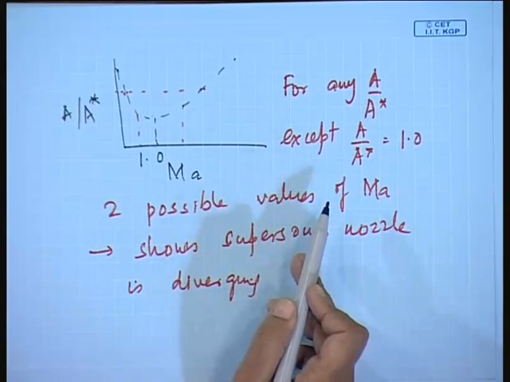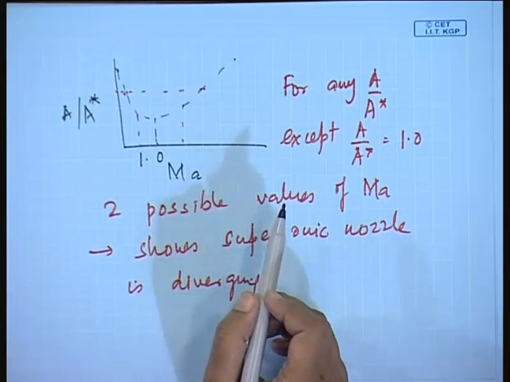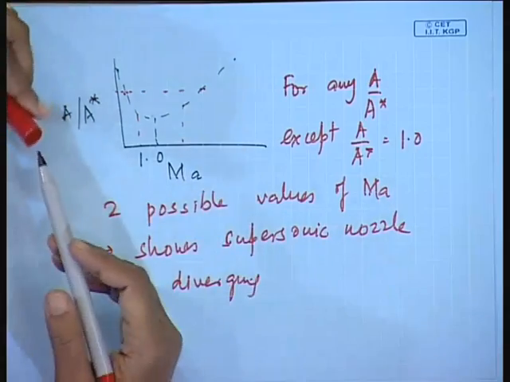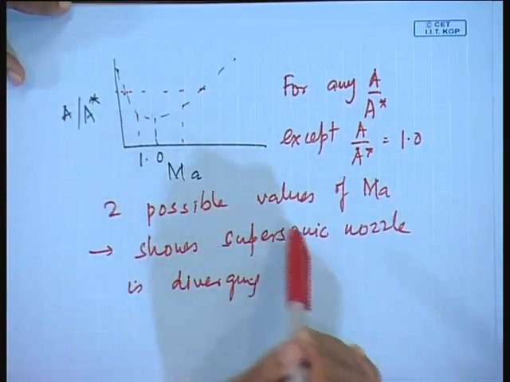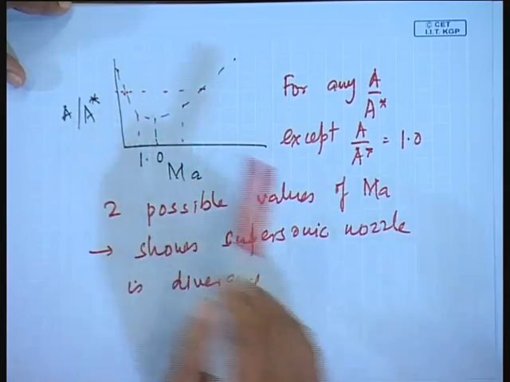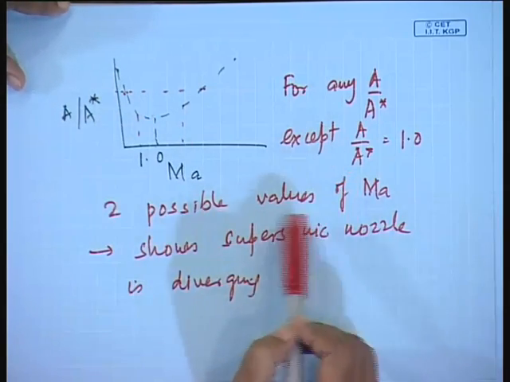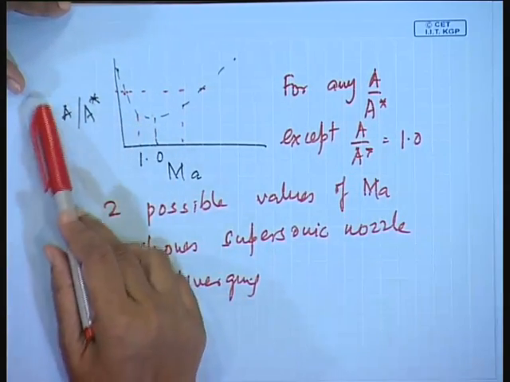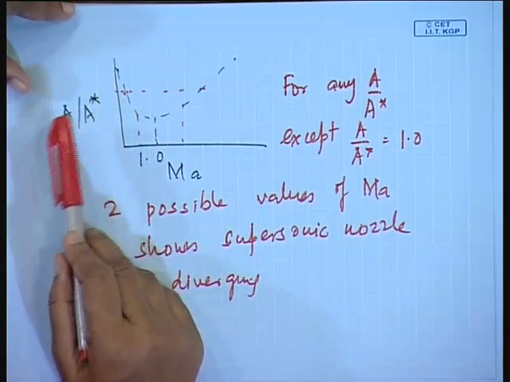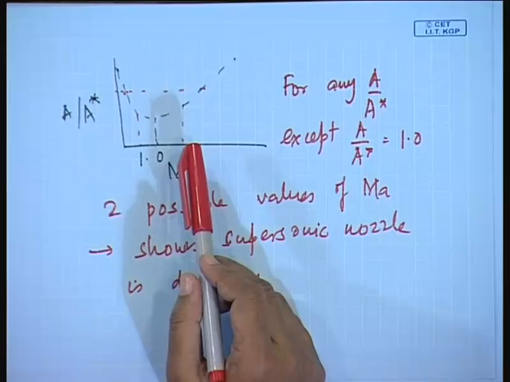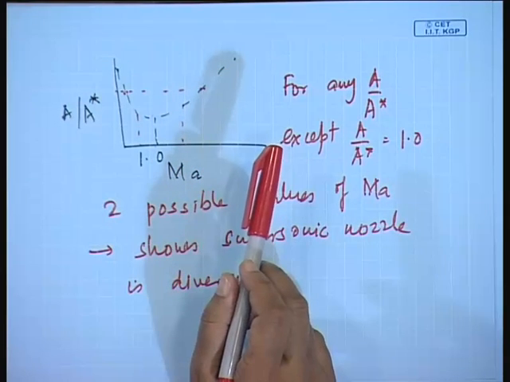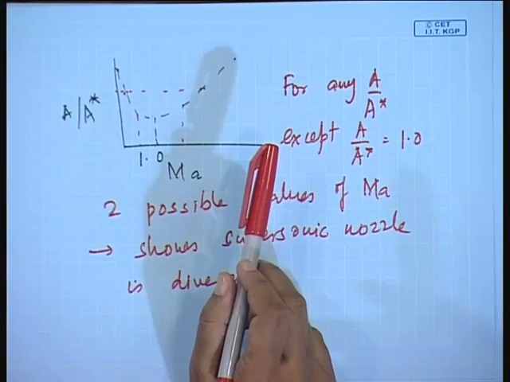So, we find that A by A star is very important. For any particular Mach number there is one unique value of A by A star, but for any A by A star there can be two values of Mach number, except for the condition of Mach number equal to 1.